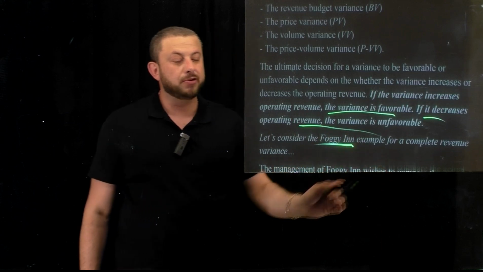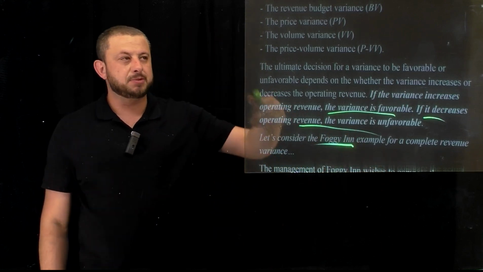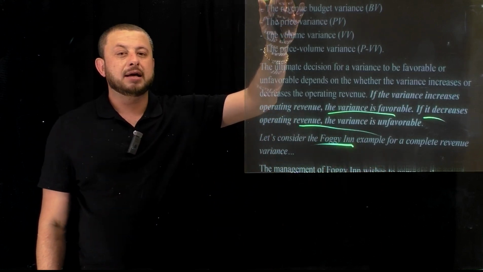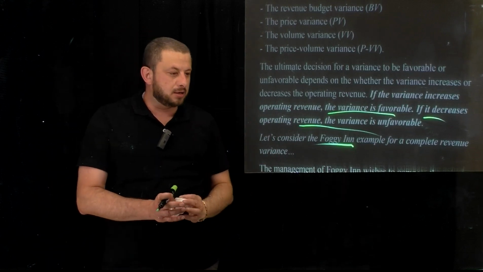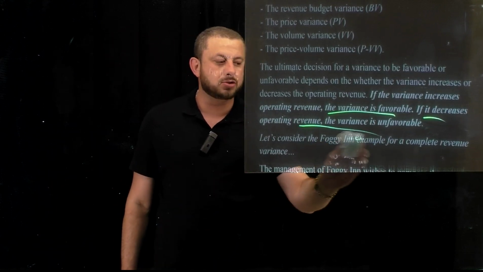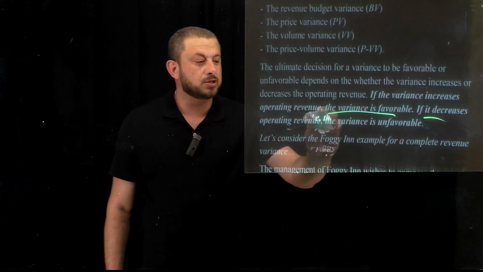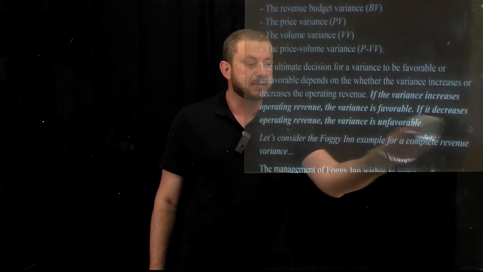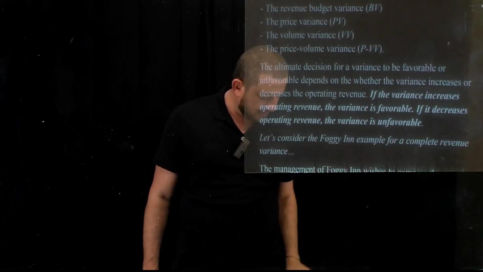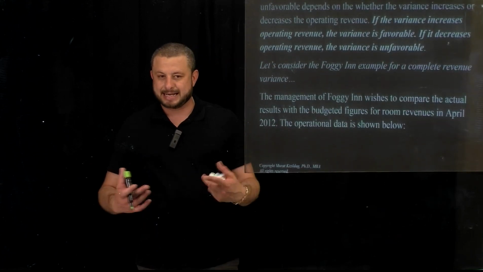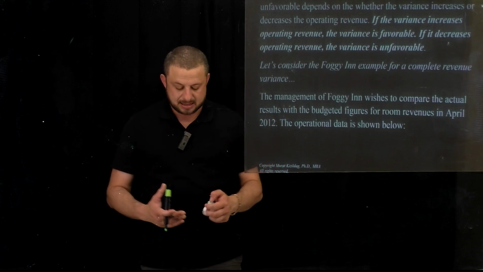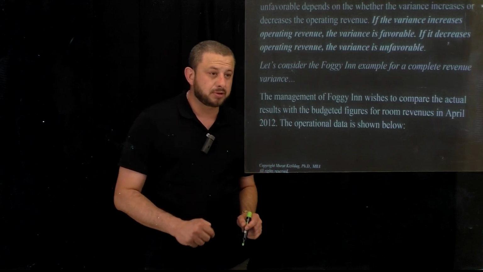If it decreases, the variance will be unfavorable. As I told you before when I showed you the table, you want to be on the favorable side. You want your operations to produce favorable conditions for both revenues and expenses. Take a look at the Foggy Inn example, let's read it first, analyze it, understand it, and then we will proceed further.